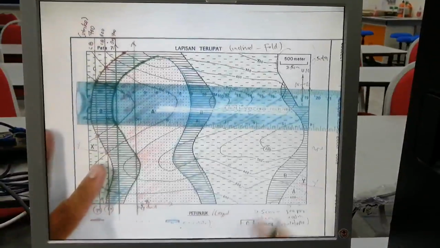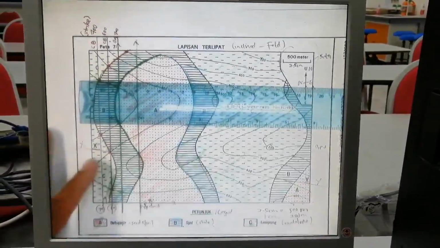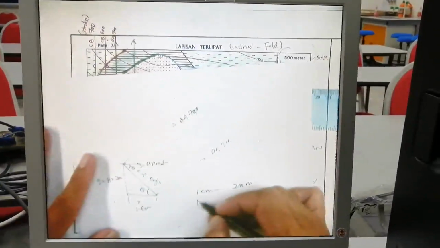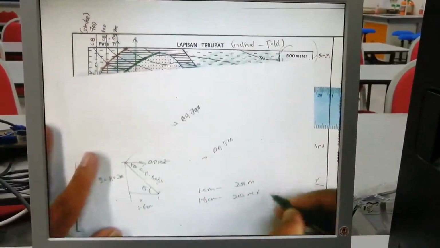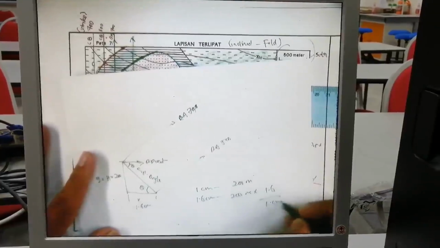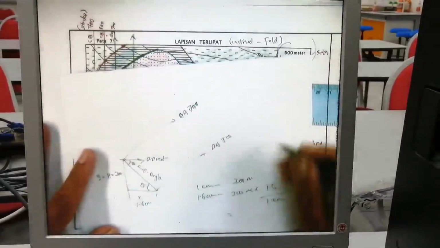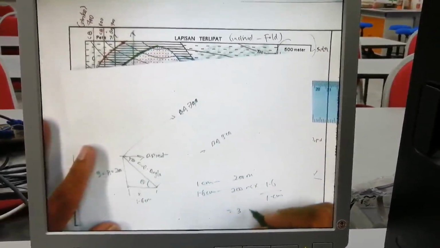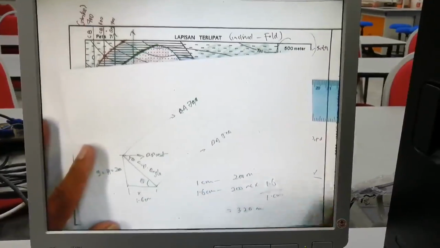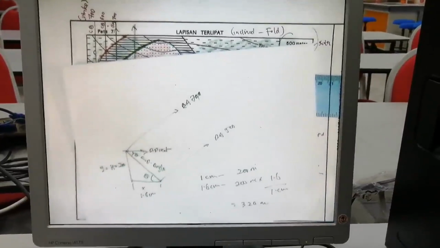So 1.6 centimeter is equivalent to 200 meter times 1.6 divided by 1 centimeter, which is 320 meter.